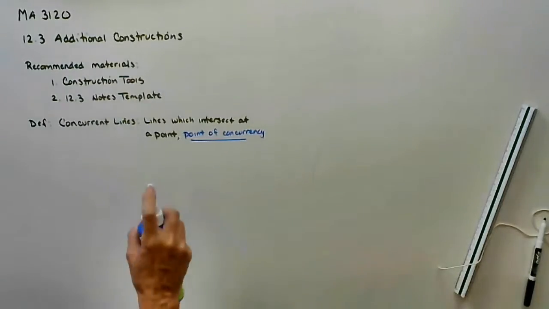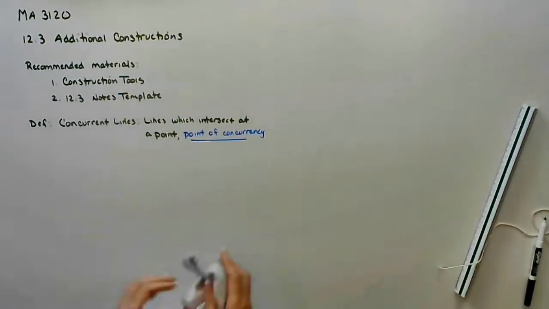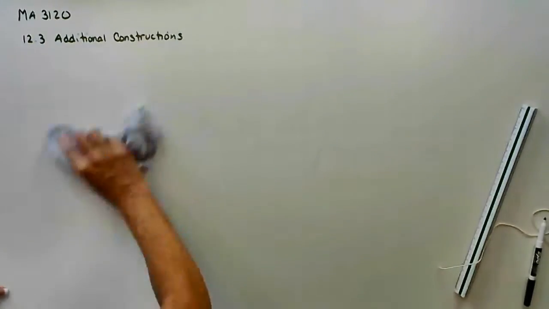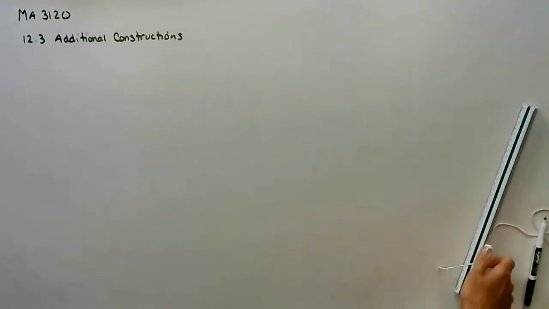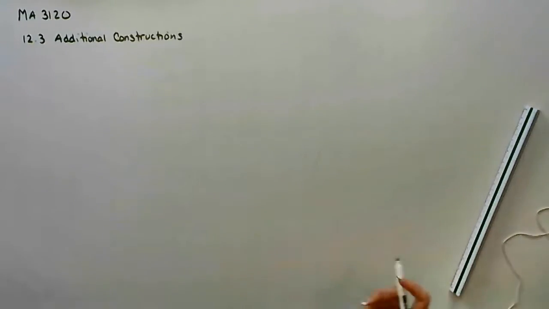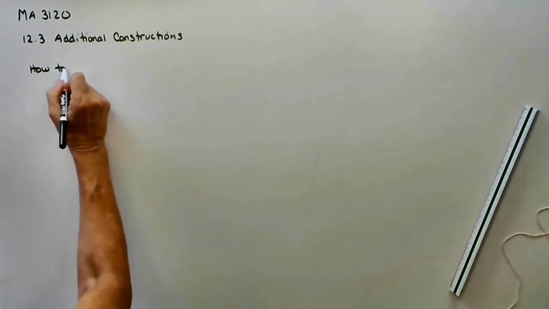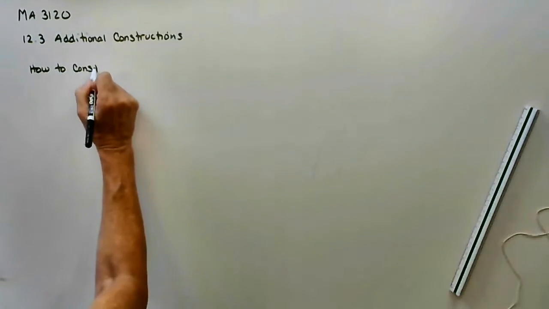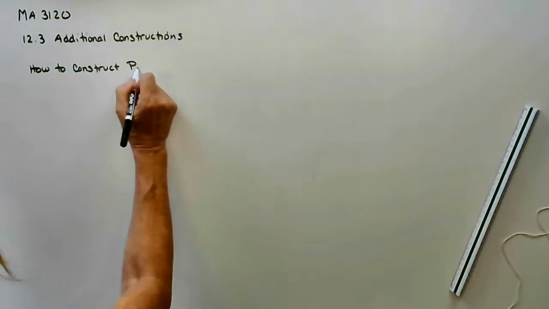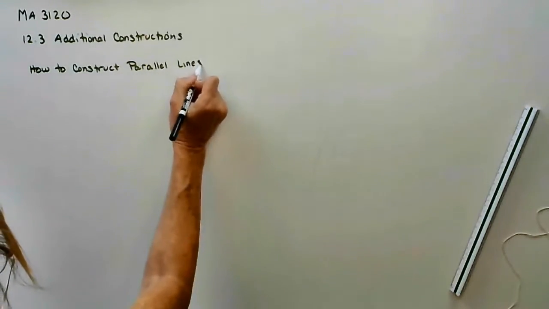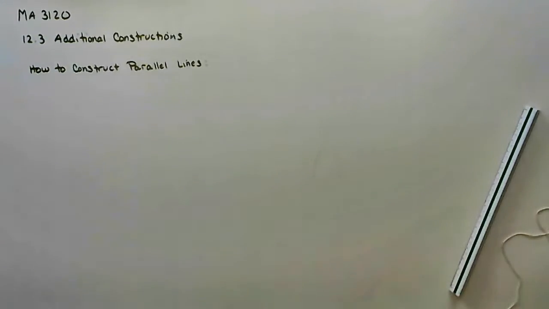So our first construction is parallel lines. We're going to do two different methods. First one's called the rhombus method.